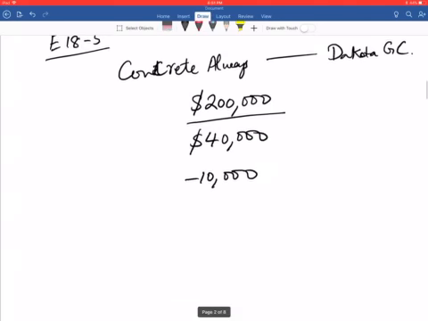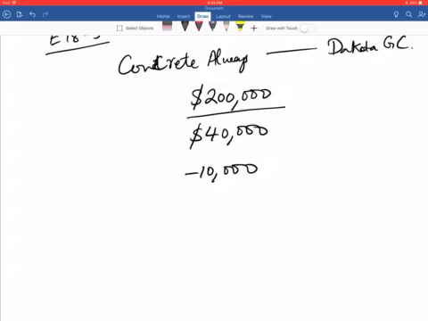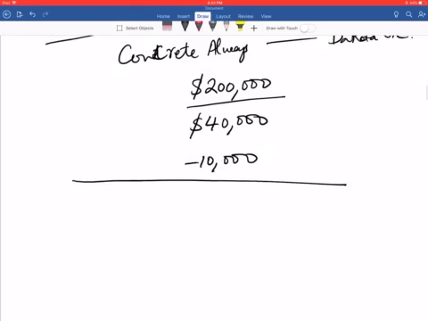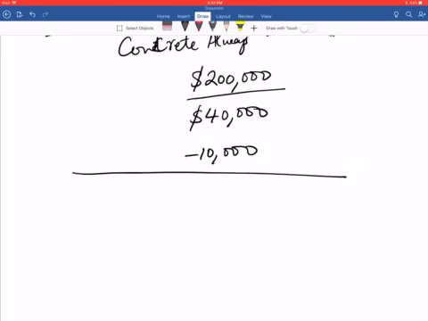So now we have to find the transaction price. Now that's the price that is going to be recognized as revenue, right? So for this agreement, we have to look at two things. One is what is going to be given for this work that is going to be done.